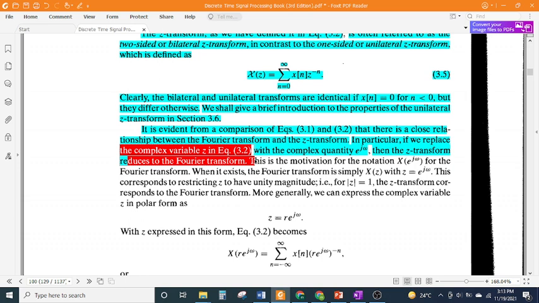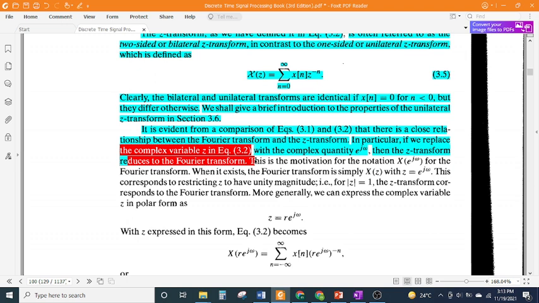More generally, we can express the complex variable z in polar form as z = re^{jω}. With z expressed in this form, Eq. 3.2 becomes X(re^{jω}) = Σ_{n=-∞}^{∞} x[n](re^{jω})^{-n}, or X(re^{jω}) = Σ_{n=-∞}^{∞} (x[n] r^{-n}) e^{-jωn}. (3.6) Equation 3.6 can be interpreted as the Fourier transform of the product of the original sequence x[n] and the exponential sequence r^{-n}.